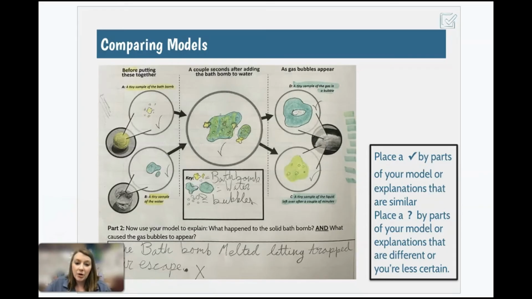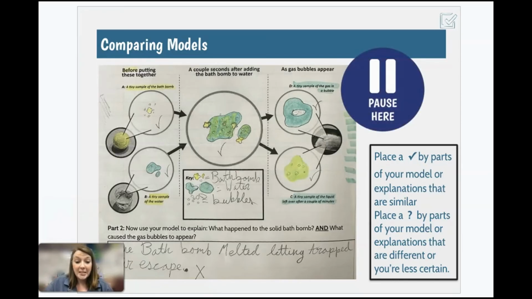When you're comparing things, think about the process of what's going on with the bath bomb, and less about whether they drew nicer circles than I did, or they used blue to represent this and I used orange, or I used dots. Focus on things that were similar in how you understood what was going on with the bath bomb, and less on how you illustrated it or your art.